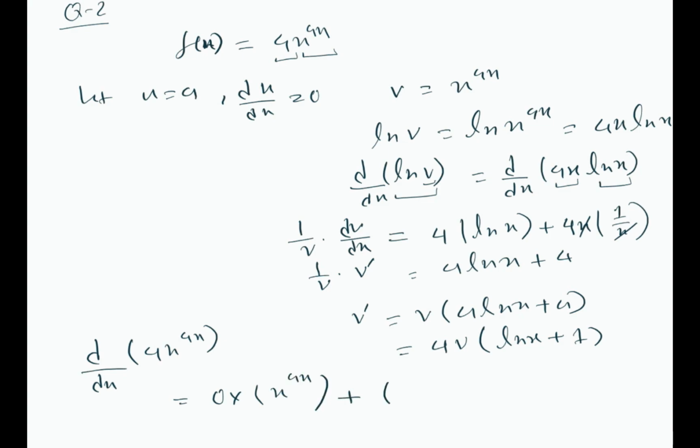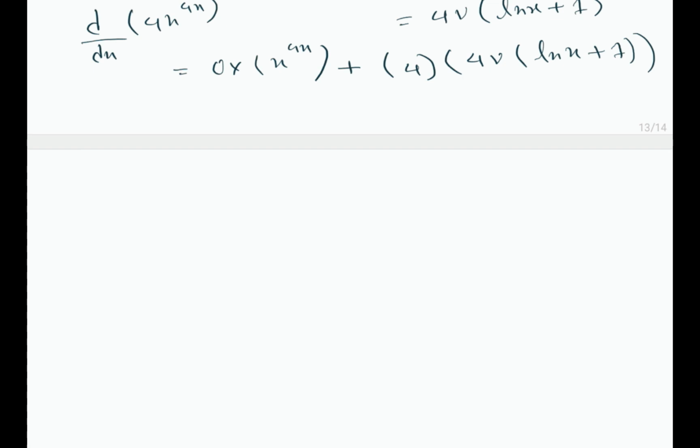Then plus u, which is 4, and what is b prime? b prime is this long thing, 4b times ln of x plus 1, right? So d dx of 4x to the power 4x is equal to 0 plus 4 times 4, which is 16b times the bracket ln of x plus 1, right?